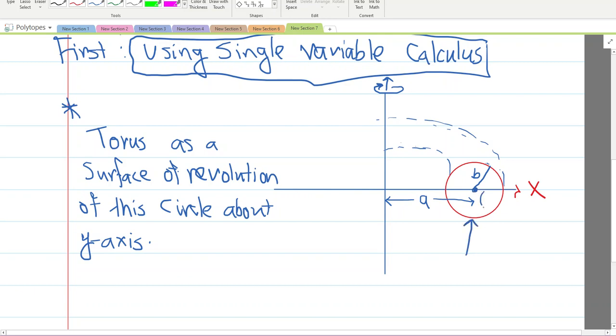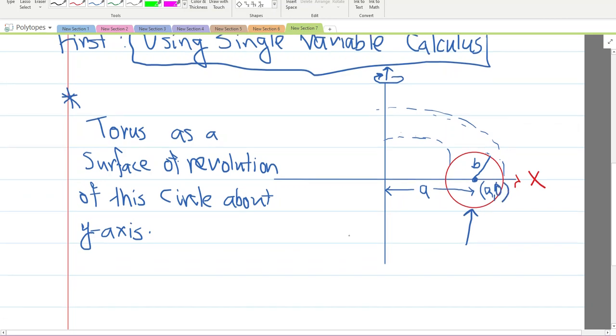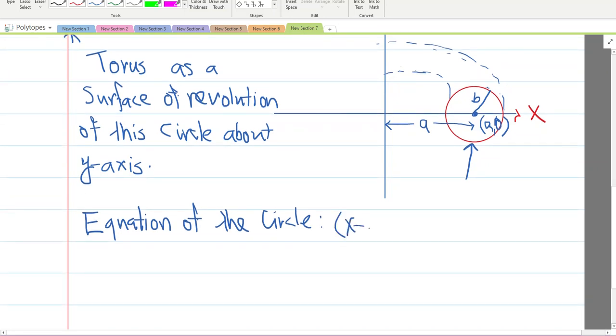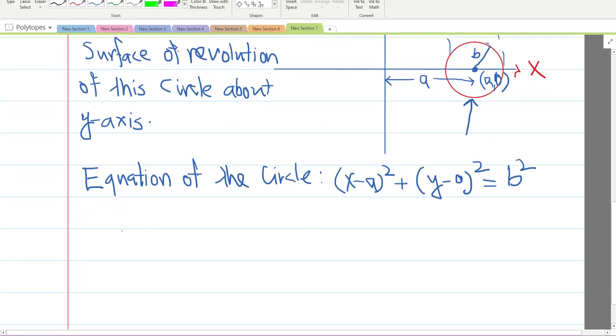The center is (a, 0). The equation of the circle is x minus the x-coordinate of the center, a, squared, plus y minus the y-coordinate of the center, which is 0, squared, equals the radius squared, b squared. Now solve this equation for x.